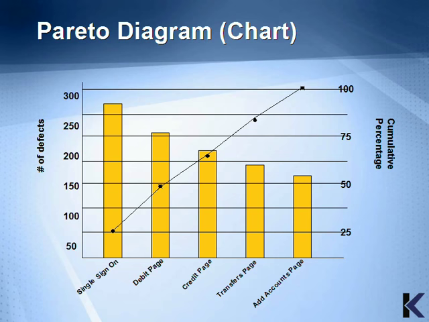The total number of defects is 1,095, of which single sign-on had 26%, debit page had 22.7%, credit page had 19.1%, etc. So these are plotted as bar charts on the diagram, and you can see how it goes from the largest to the smallest.